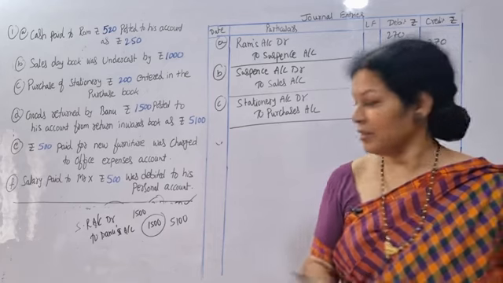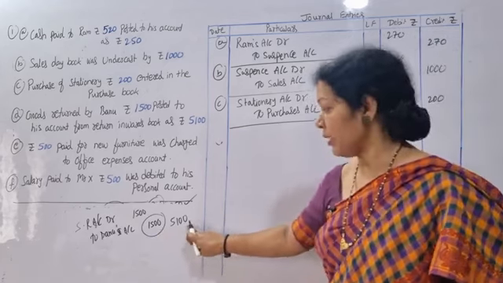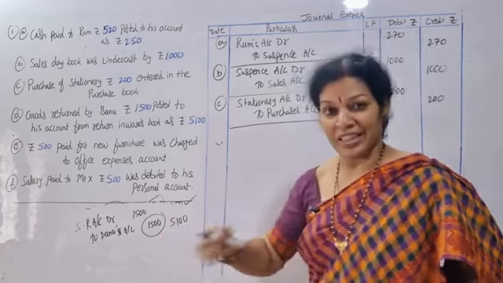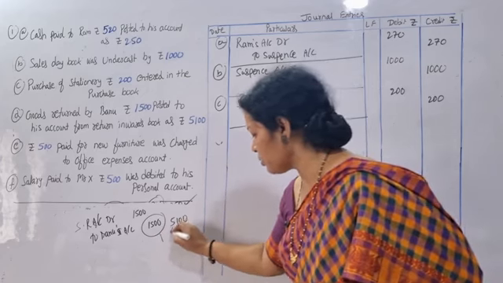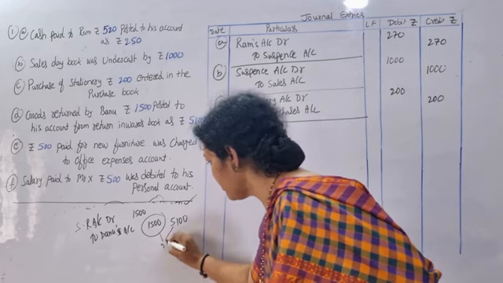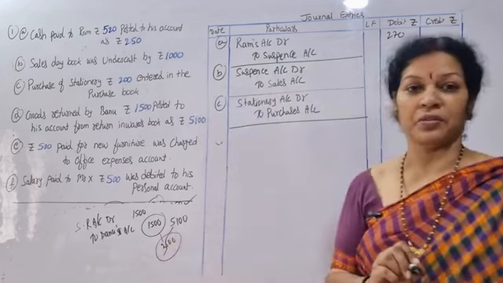Overcasted. Original amount 1500, but it is overcasted as 5100. Whenever it is overcast, the extra amount means the difference between these two, which comes to 3600. This is the extra amount.